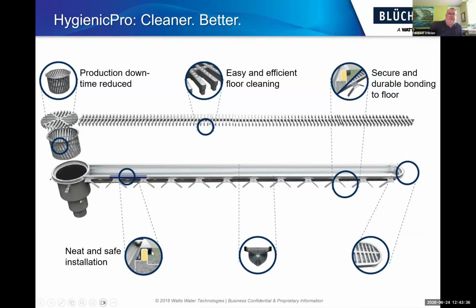But it also forms this little keyway or chase that would go all the way around the outlet box and provides us an area for sealing the flooring material to the surface of the drain.